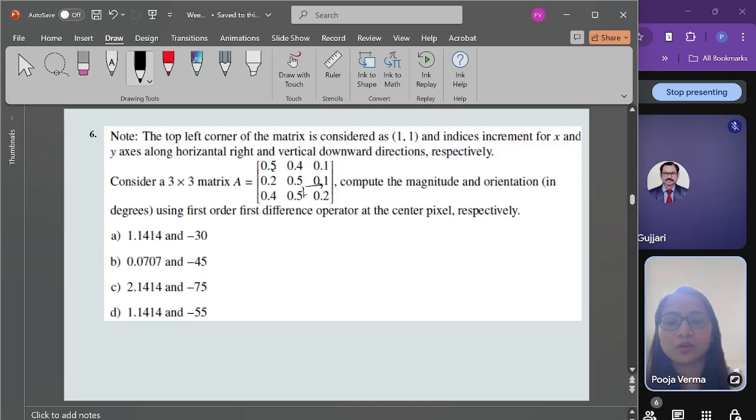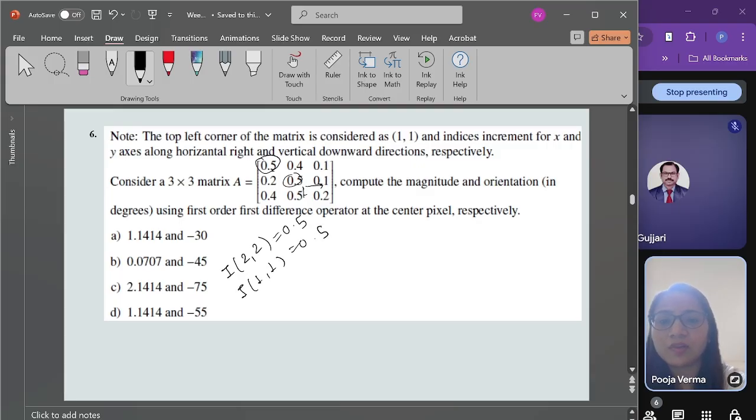Consider the 3 cross 3 matrix A. Compute the magnitude and orientation in degrees using the first difference operator at the center pixel. The center pixel is 0.5, that is I(2,2).